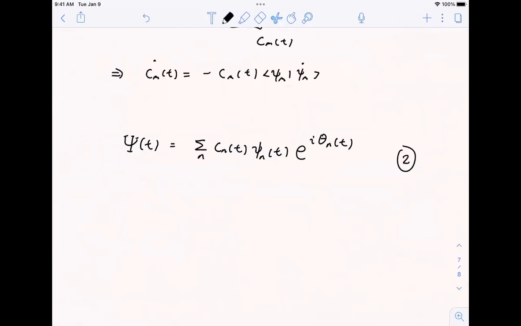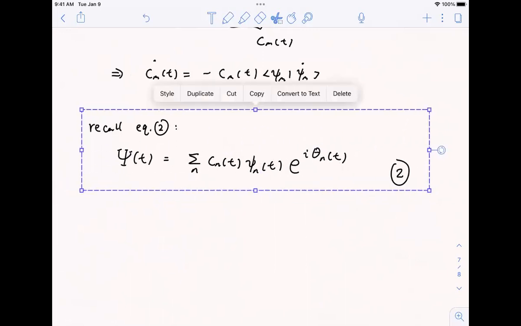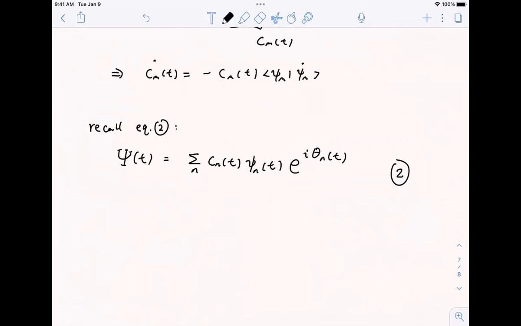Recall, let's assume Cn(0) is 1 and Cm(0) equals 0 for m not equal to n.